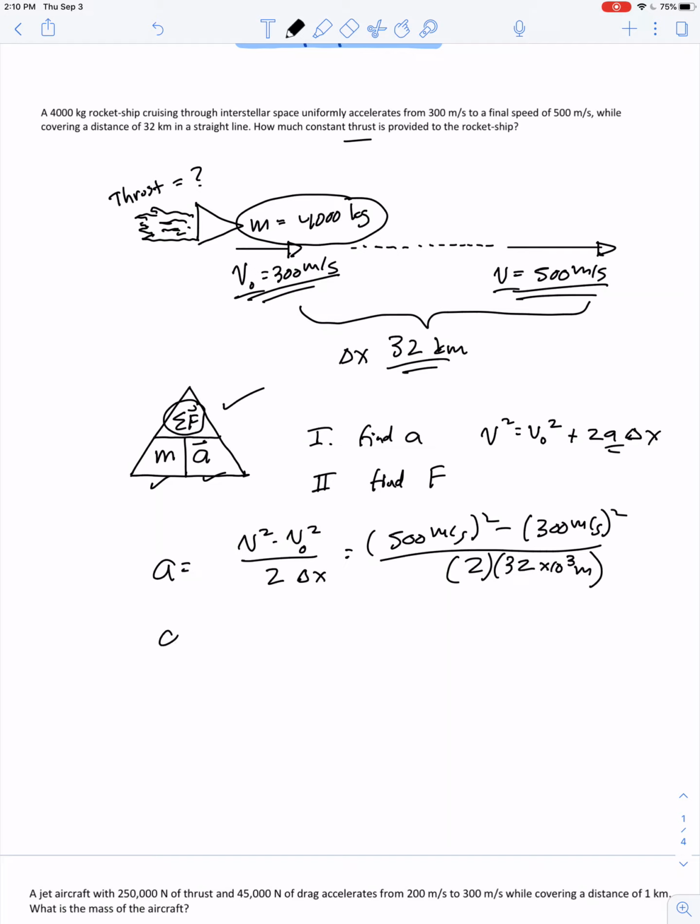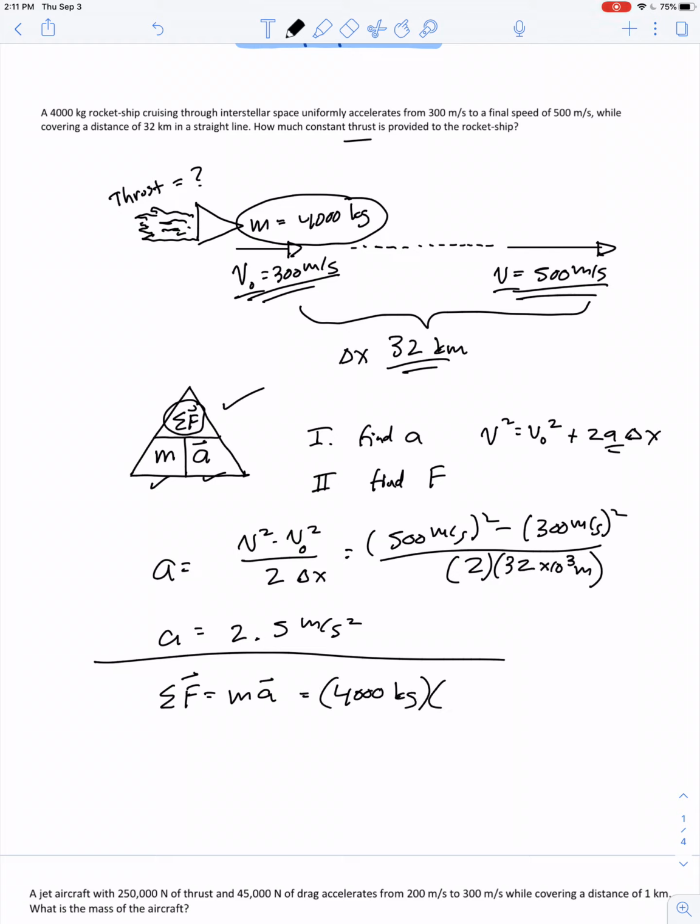Okay, so the acceleration comes out to be a nice round number, 2.5 meters per second squared. From here, part 2 is pretty straightforward, right? The net force is equal to the mass multiplied by that acceleration. So 4,000 kilograms multiplied by 2.5 meters per second squared gives us what?